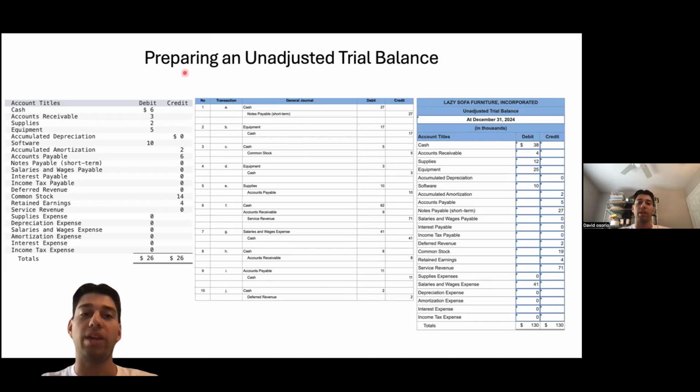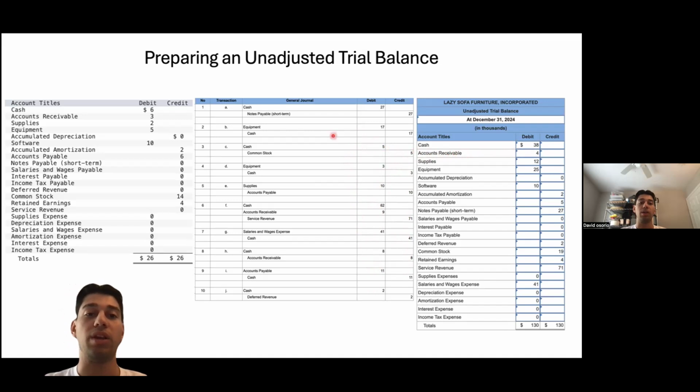For example, we know that at the beginning of the year we had $6 of cash, and then with our transactions during 2024, we can know that 6 plus 27 plus 5 plus 62 plus 8 plus 2, and then we also subtract all the cash account minus 3, we do minus 41, minus 11, and that number is 38.